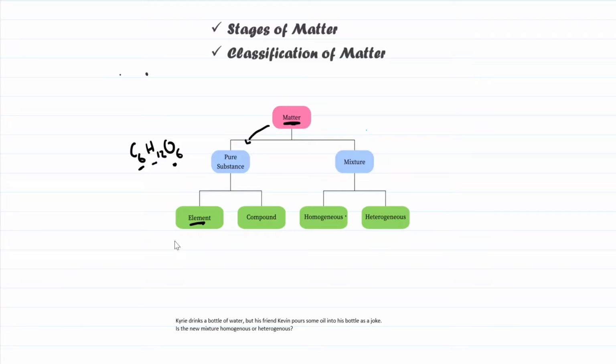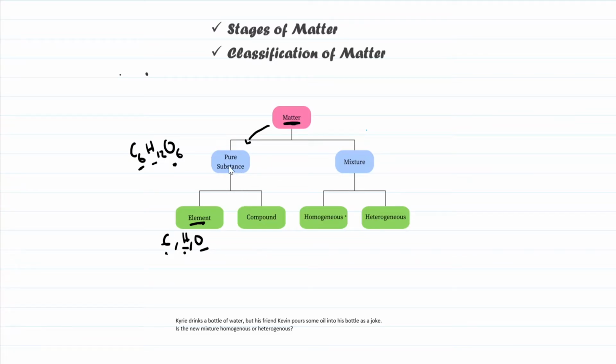O is also an example of an element that represents oxygen. So C, H, and O. Those individual constituent parts of glucose are elements, and they're composed of individual carbon atoms, hydrogen atoms, and oxygen atoms. There is no such thing as a glucose atom. There's only the atoms that are made up of elements, so carbon, hydrogen, and oxygen.